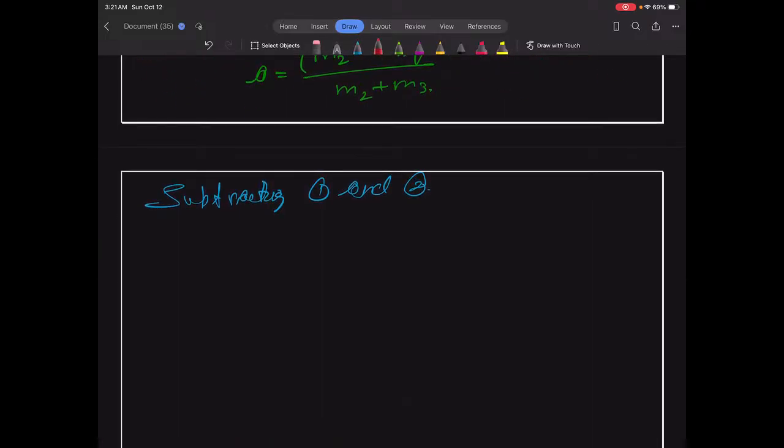We had m2g minus T prime is equal to m2a, and T prime minus m3g is equal to m3a.